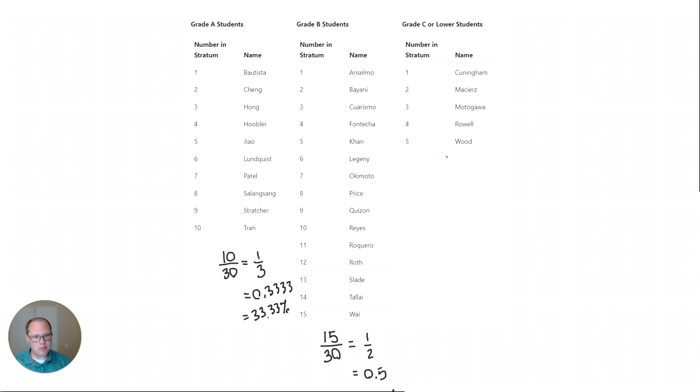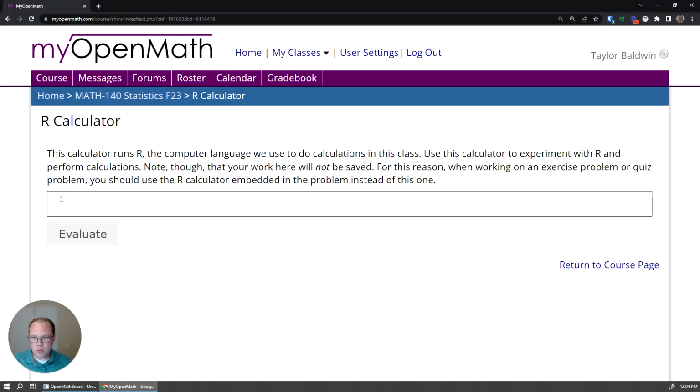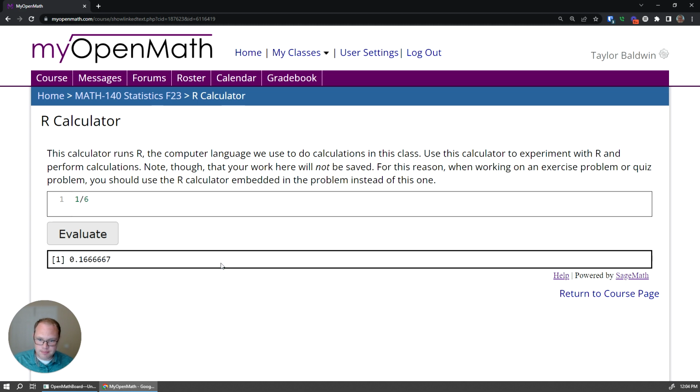And one more. We have the grade C or lower students. There's 5 students in this group. 5 of the students out of the 30 total come from this group. If we reduce that fraction, that's 1/6. This one I do not have memorized, so we could throw this into a calculator to see what the decimal representation is. 0.1666667.